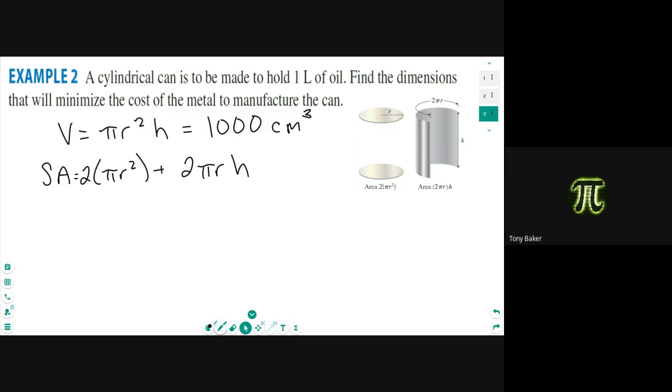Somehow you've got to use those 2 equations to make 1 equation.